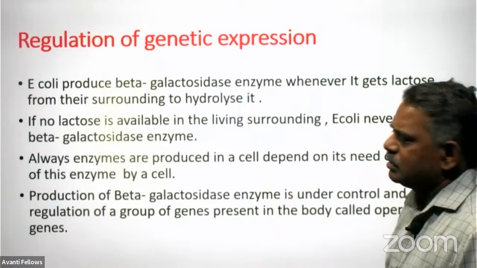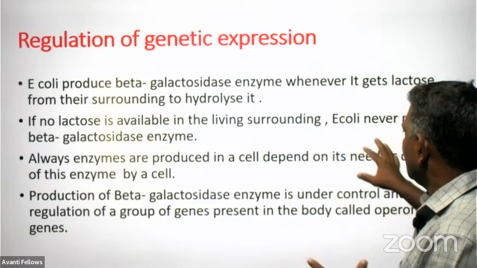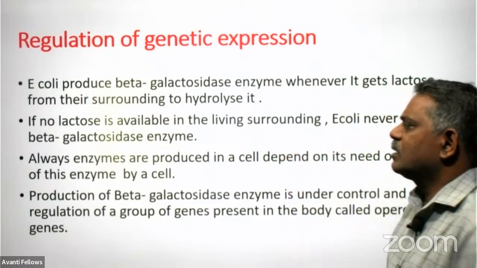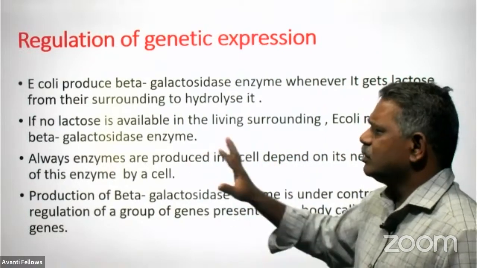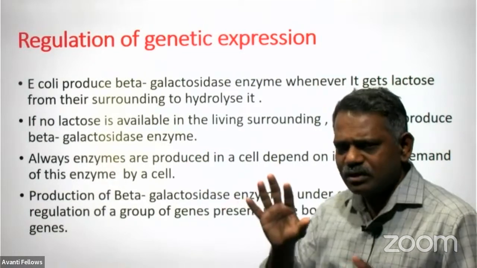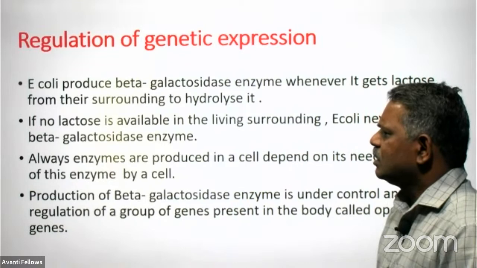If no lactose is available in the surroundings, E. coli never produces the beta-galactosidase enzyme. Even though it has the gene inside, it never produces the enzyme because it is not required, because it is only to digest the lactose.